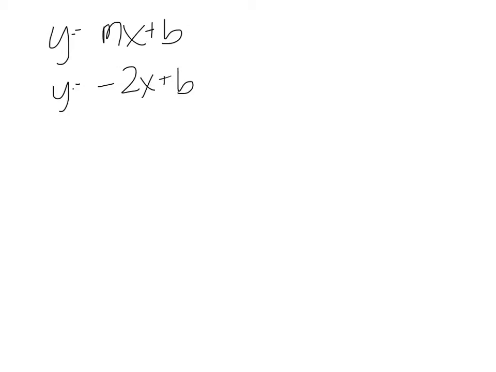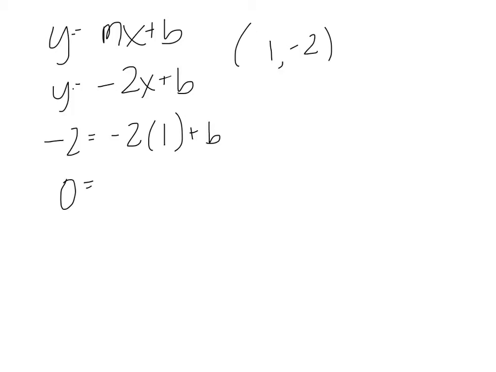And then we're given the point (1, -2). So we can put those in place, and we would get -2 for y equals -2 times 1 plus b. And then -2 plus 2 is equal to 0. So you would get 0 is equal to b.